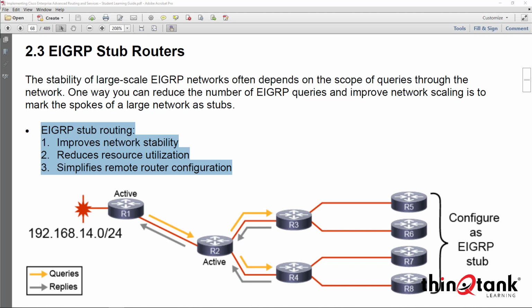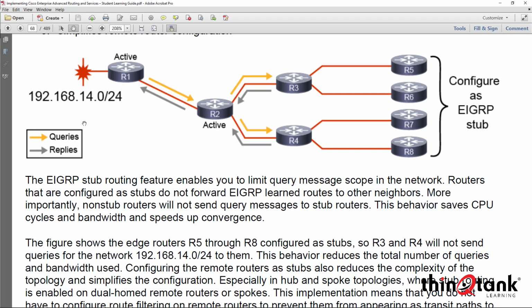All right. We can also identify what types of routes get advertised back to the corporate hub by identifying the type of stub router that we want to implement. So we don't actually have to configure route filtering. We don't have to concern ourselves with whether or not those remote routers are going to become what we call transit routers in our particular topology.